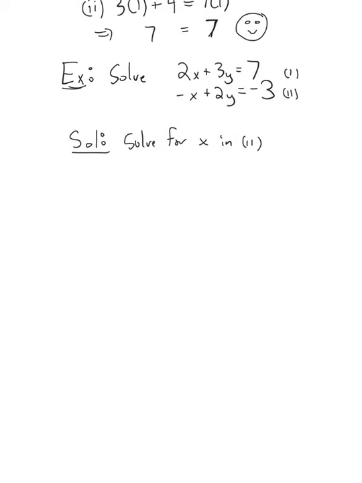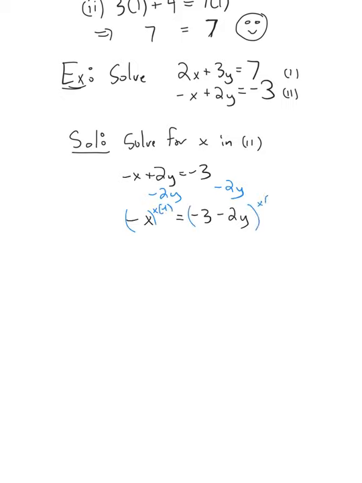Negative x plus 2y equals minus 3. Okay. Let's get x by itself, so I'm going to subtract 2y from both sides, and I get negative x equals negative 3 minus 2y. But I want to solve for positive x, so I'm going to multiply both sides by negative 1.